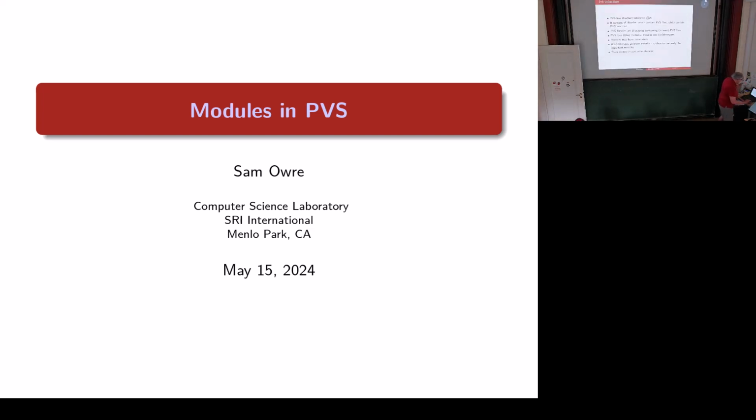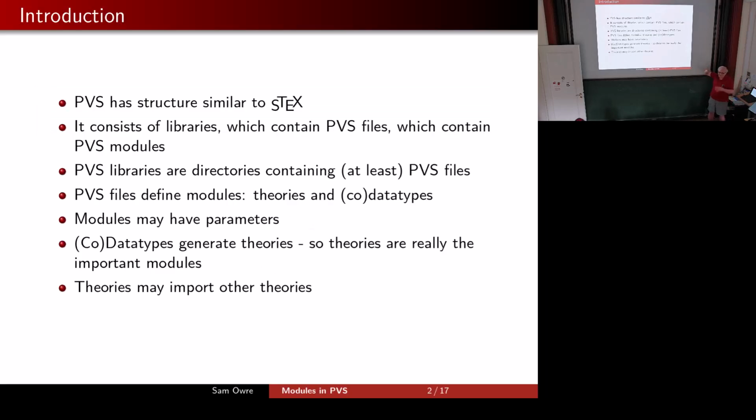Okay, so PVS actually is very similar to STEC in structure. It consists of libraries. At the highest level, you have libraries, which are really just directories that contain PVS files. When you're finished with a proof, it also generates a .prf file. So you write the interactive proof, you don't have to do this logging thing, it just generates the .prf file.